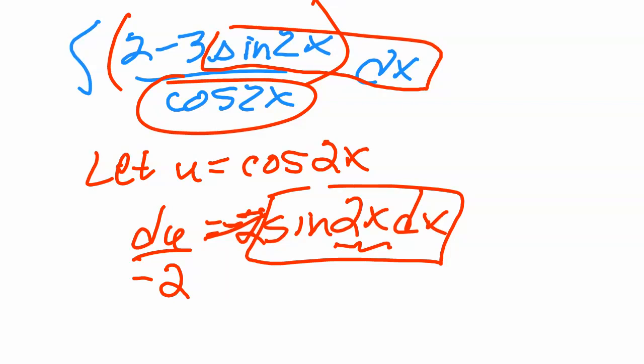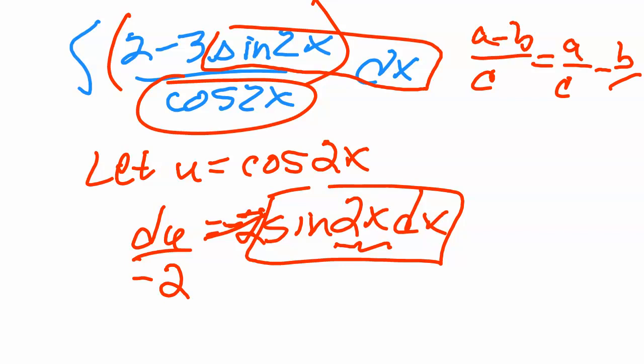So I think what I want to do here is use algebra first. If we have a minus b all over c, I could rewrite that as a over c minus b over c. So I want to split this fraction up and turn this into two different antiderivatives.